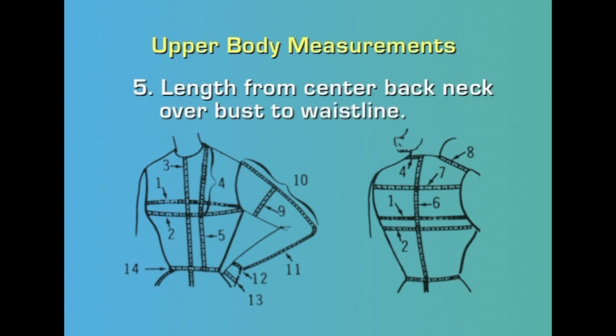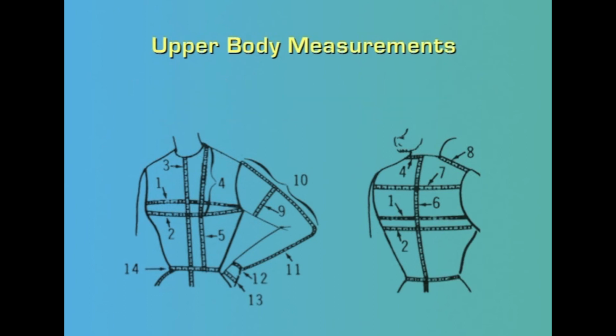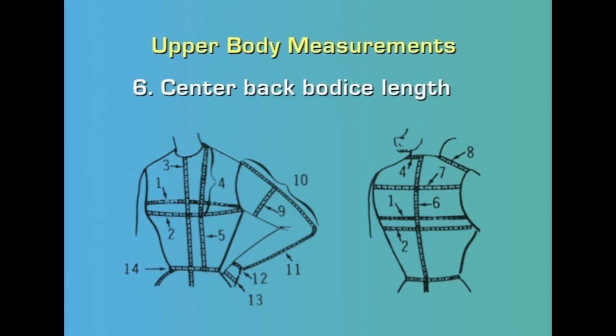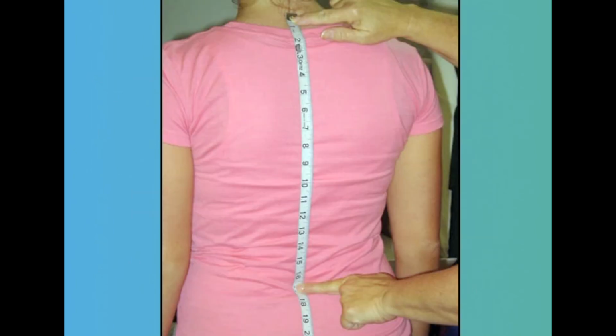Length from center back neck over bust to waistline. Measure from waistline over tip of bust around neck over the bust to the waistline. Center back bodice length. Measure center back from base of neck to waistline tape.